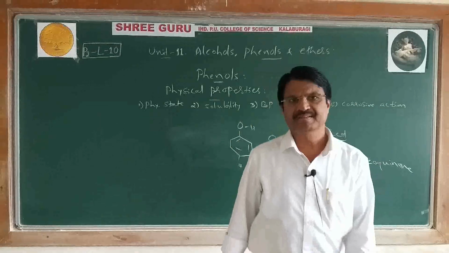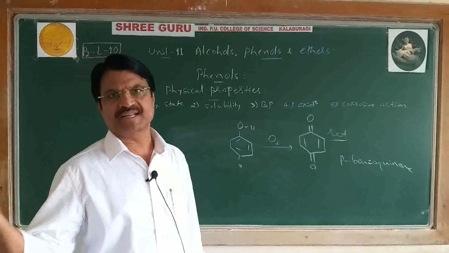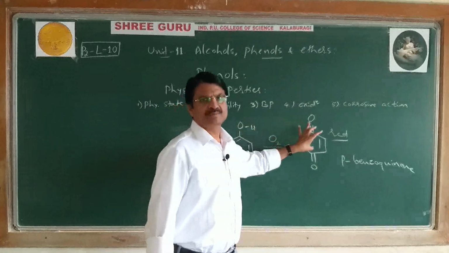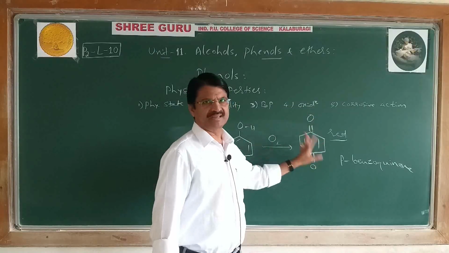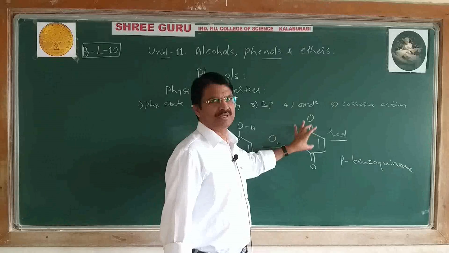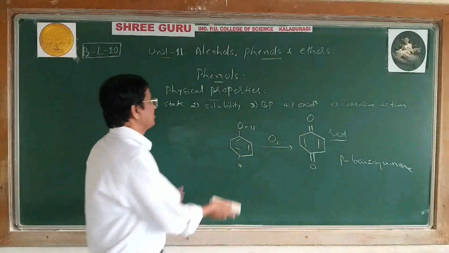The answer is that it undergoes oxidation to form para-benzoquinone, and its color is red or pink. You have to say in the answer that para-benzoquinone is formed, or para-phenoquinone is formed.